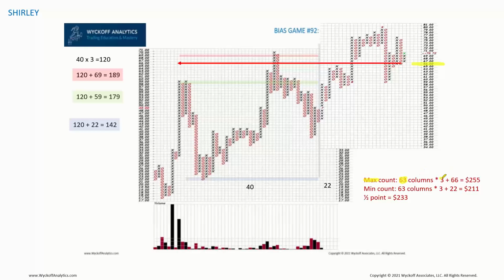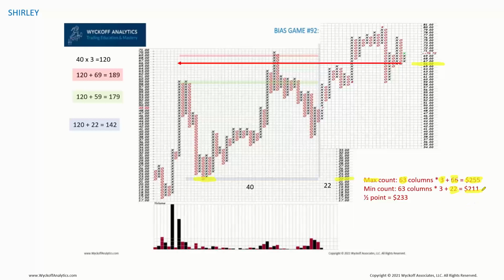So 63 columns times 3 box reversal, and on the count line of 66, that brings us to 255. The minimum count we would take from the lowest count line, which is $22. So big difference here.